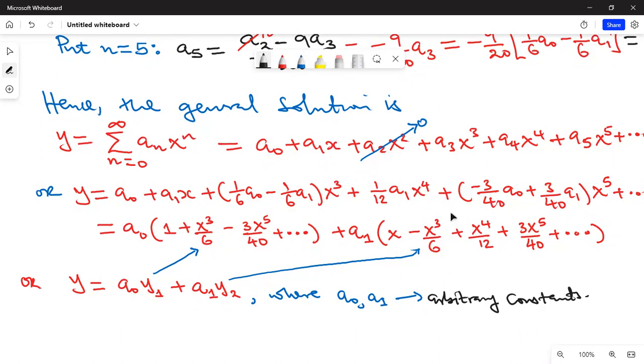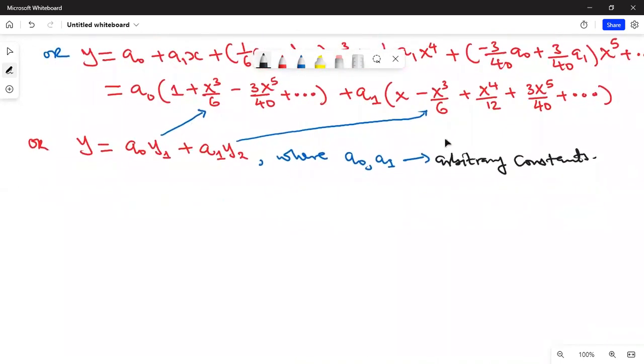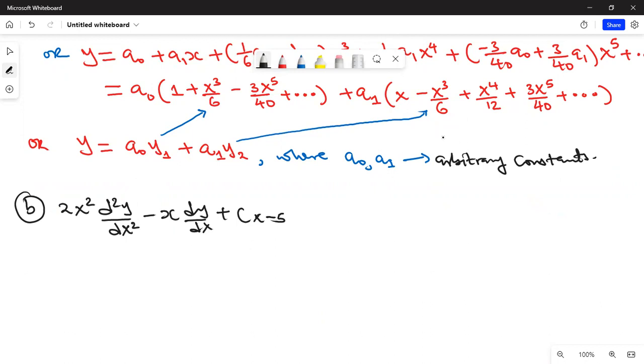Having explained those concepts, let's look at part B. Part B, I'm going to write the same ODE again. Our ODE is 2x squared d squared y dx squared, minus x dy dx, plus x minus 5 times y is equal to 0.